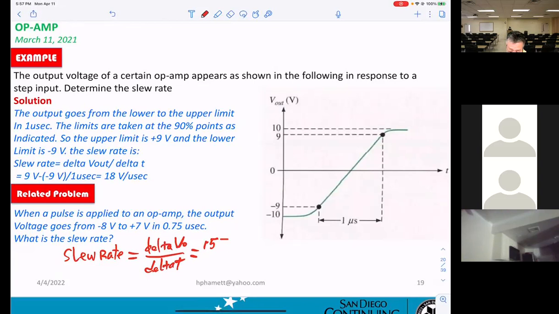Is it 15 volts divided by 0.75? Correct? Yes, sir. Okay, so you divide and what do you get? 15 divided by 0.75 is 20 volts per microsecond. That's easy.